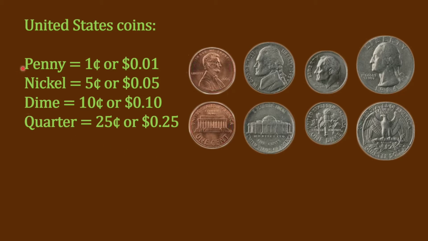So a penny is equivalent to 1 cent, that's $0.01. A nickel is 5 cents or $0.05. A dime is 10 cents or $0.10. And a quarter is 25 cents or $0.25.